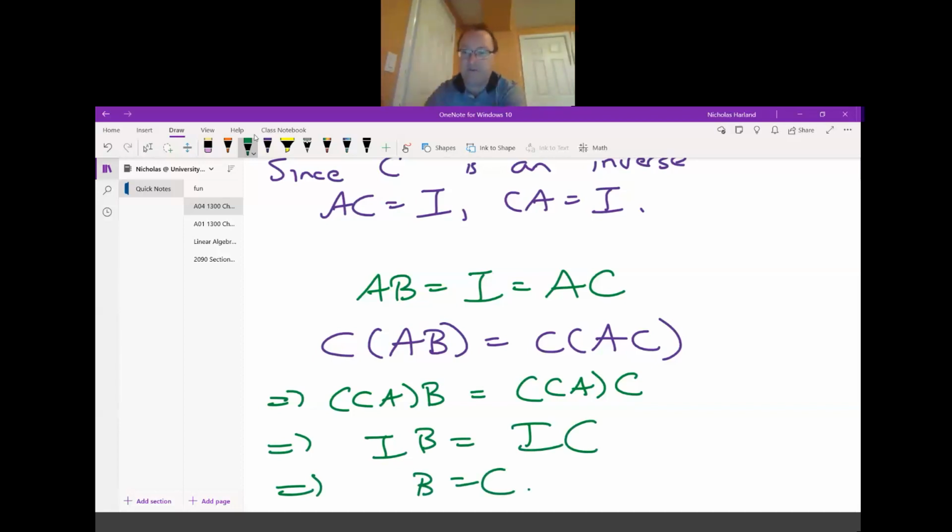All right, so there we have it. If there's an inverse, and that's a big if, since we've already seen examples of matrices that don't have one, then there's only one. Because if we had a second one, we could just show that it was equal to the first one.